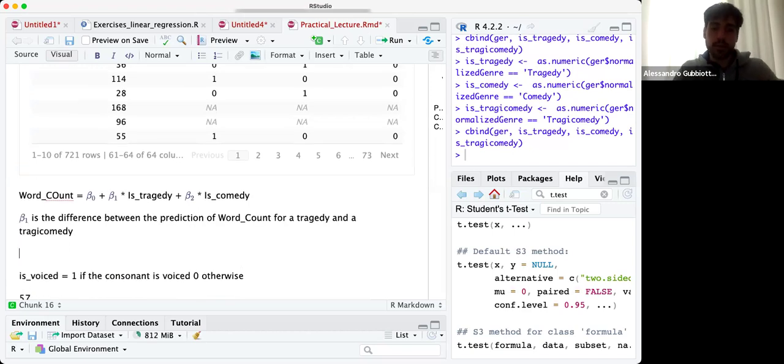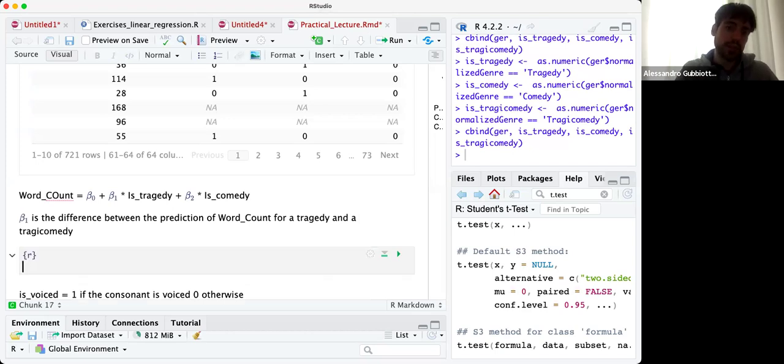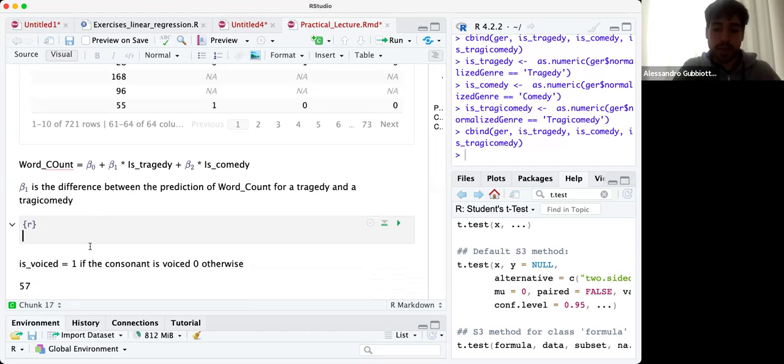And beta 2 is the difference between the word count in comedies and in tragicomedies, and we can do the usual stuff.